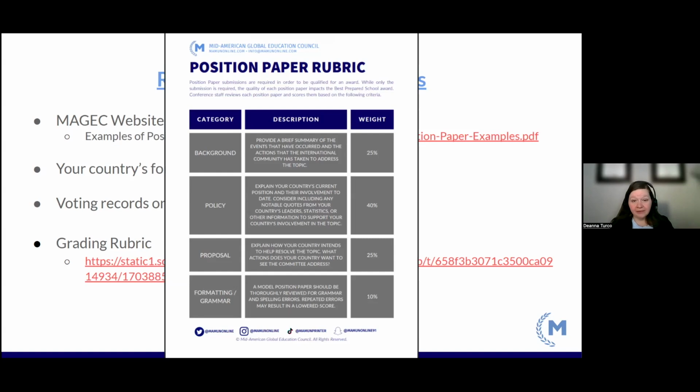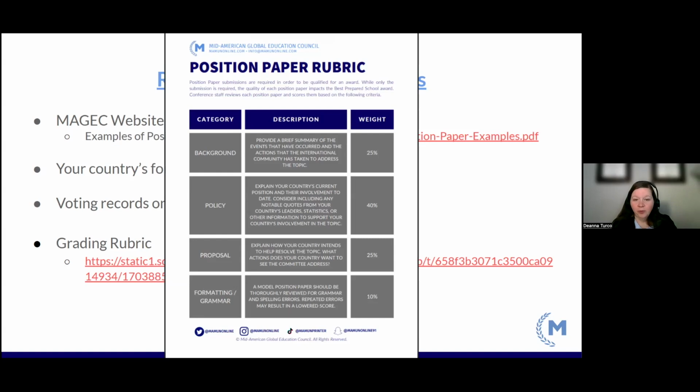We want to know that information too, because the background and the proposal is also hugely important, especially as you'll develop and present your debate in your committees at the conference. But this is your time in this position paper to say, this is what my country's position is. And then the last 10% will be for formatting, grammar, spell check, things like that.